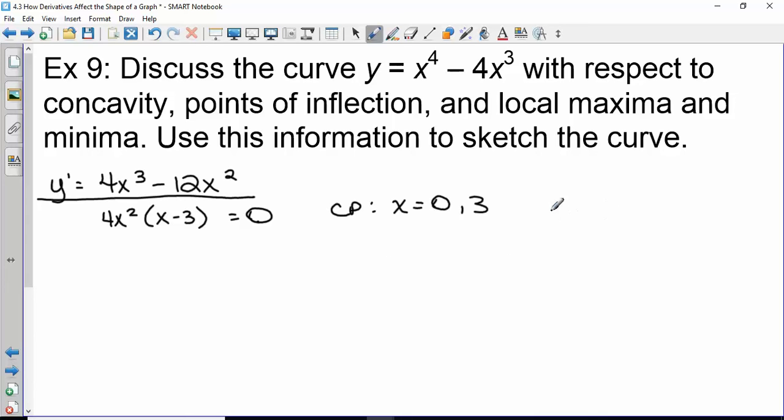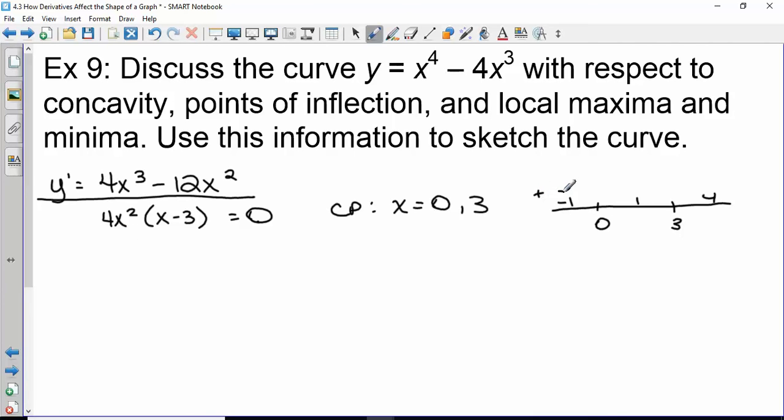So then we did the sign line. Test points smaller, in between, and bigger. And where do I plug those things in? The first derivative, because I need to know where it's positive or negative. So if we put in a negative 1, negative 1 squared is positive, so 4 times 1 is positive.